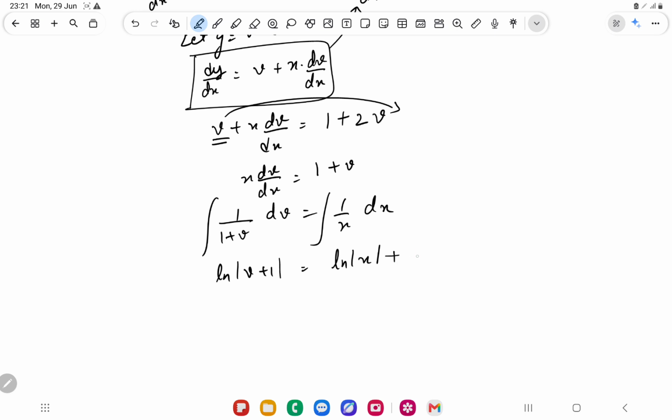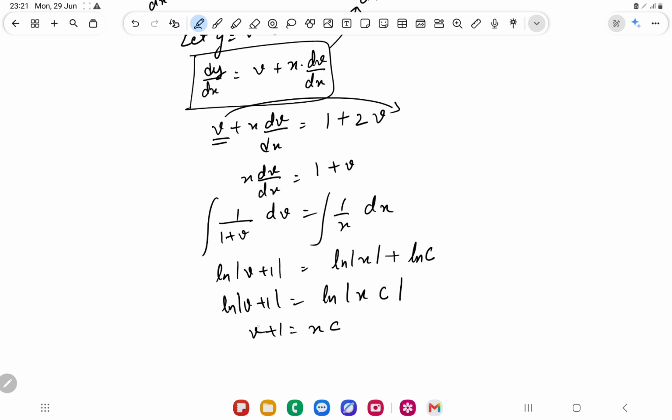Now you can write c or you can write ln c. It's one and the same thing. Now we can solve this and I can write it as mod x c, x into c. So on comparing both sides, I will get v plus 1 as x into c.